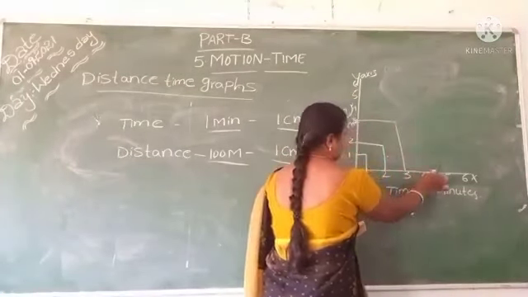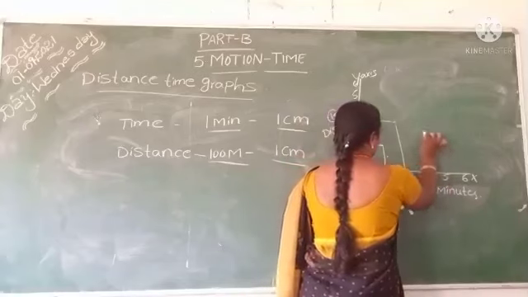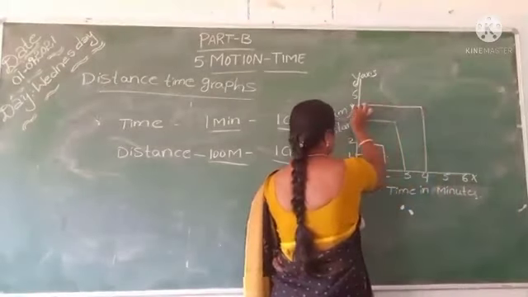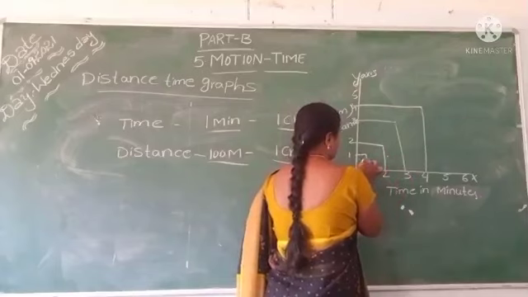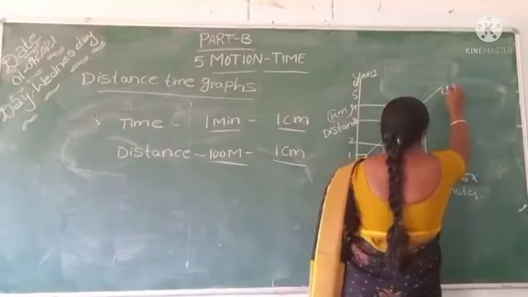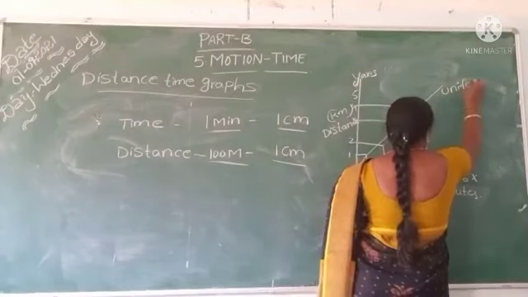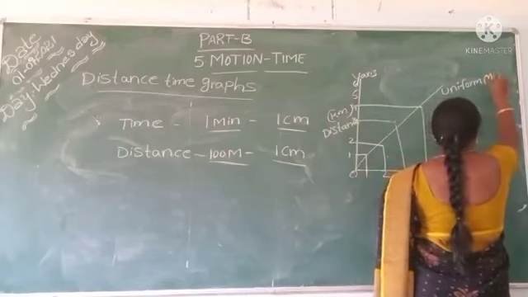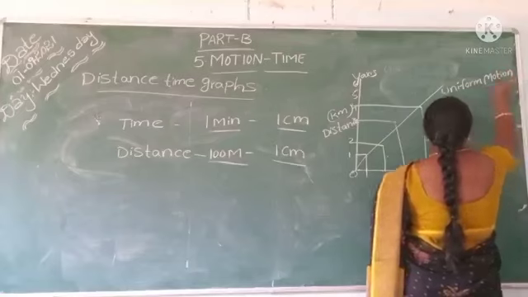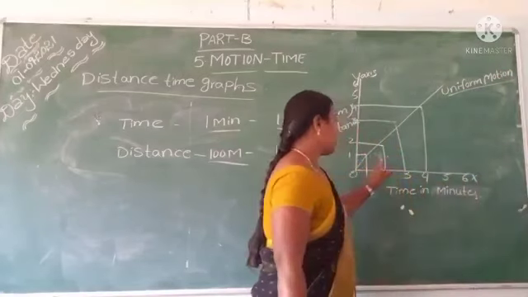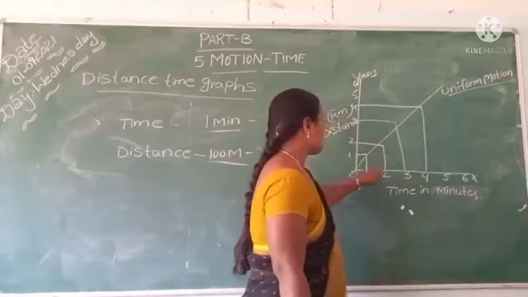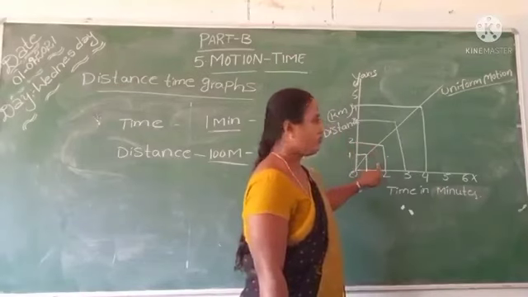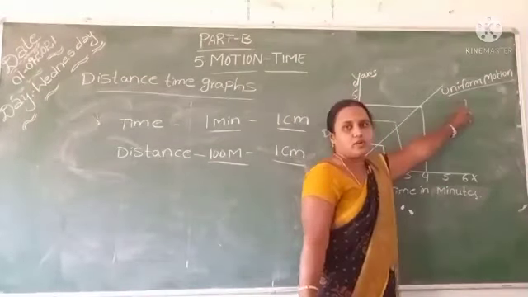When we travel 4 minutes we can travel 400 meters. So this shows equal distances, we can also say uniform motion. So why do we say uniform motion? In the same time, the same distance we are traveling. So we can say it is a uniform motion.